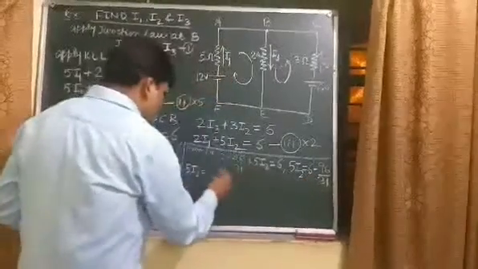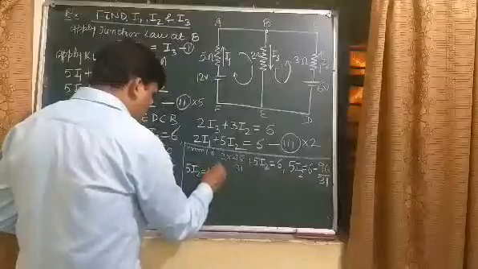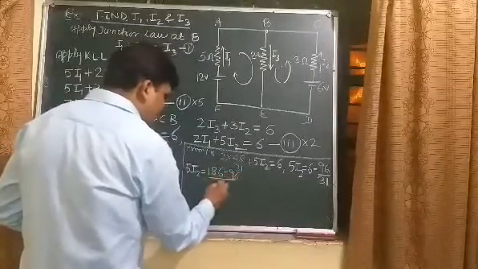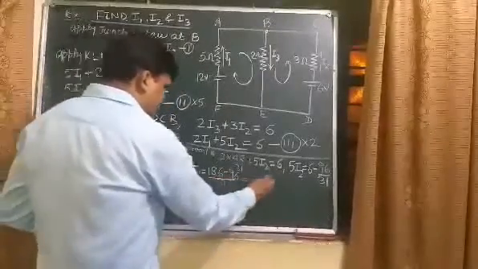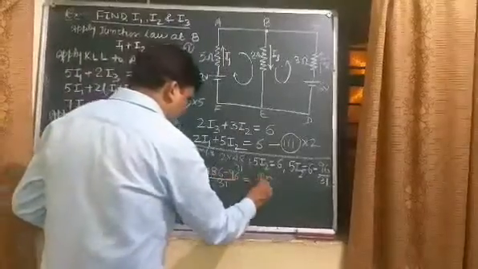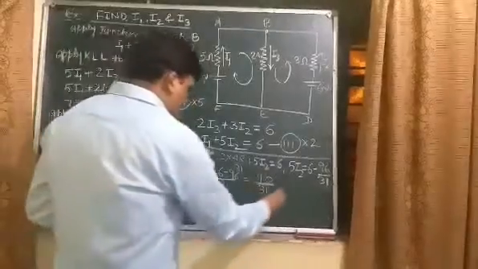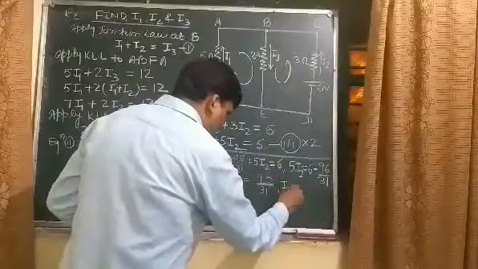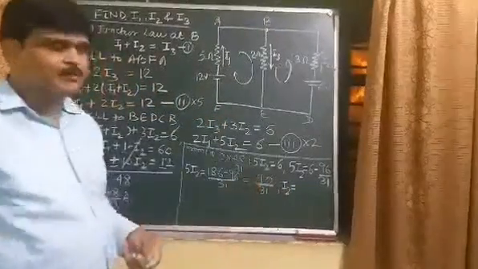So it can be written as 5 I2 equal to 186 minus 96 divided by 31, and it comes out to be 90 by 31. So 5 I2 equal to 90 by 31.